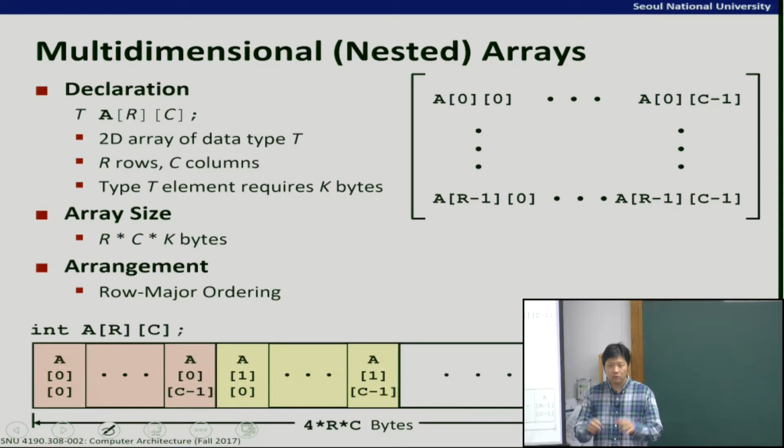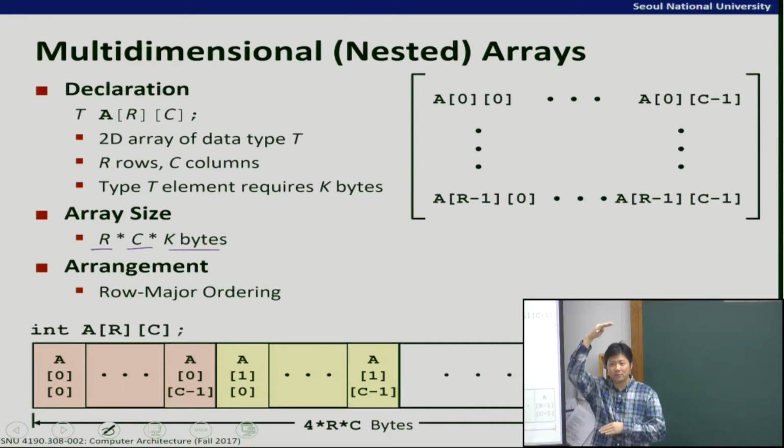Then what will be the total array size? The total array size will be the row dimension times the column dimension multiplied by the length of an individual element, right? If you multiply them all, that will be the total array size. And then the question is, our memory is a linear space, meaning a one-dimensional space, starting from 0 to f or something like that.